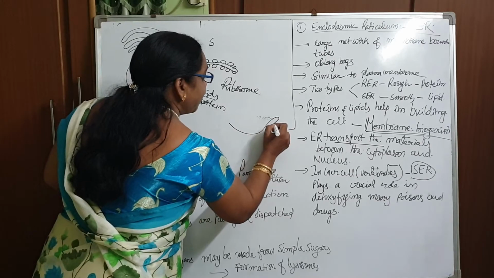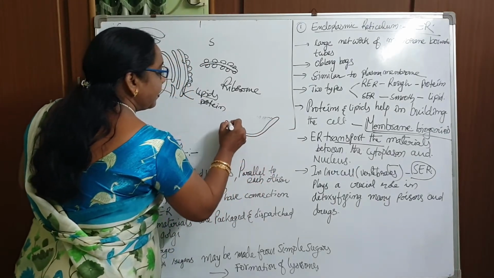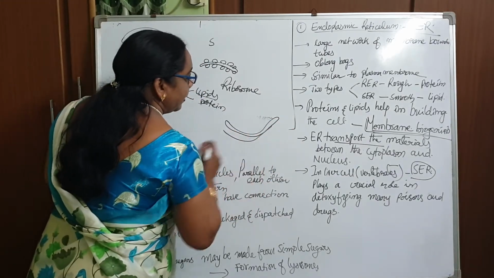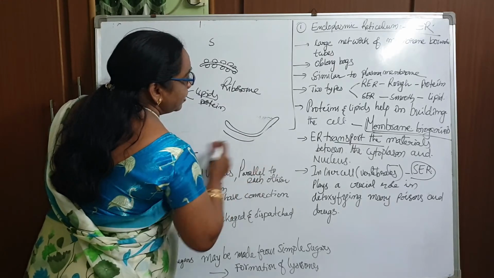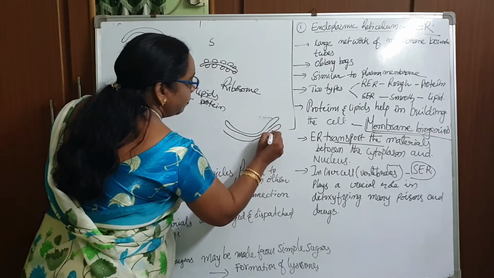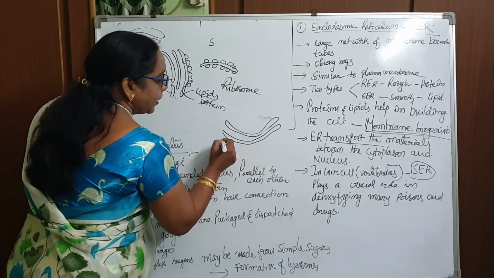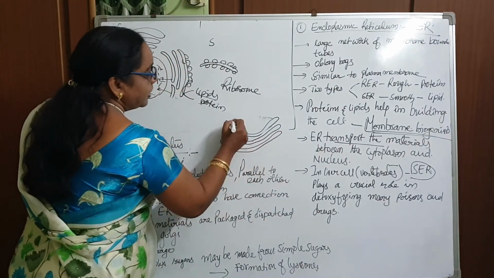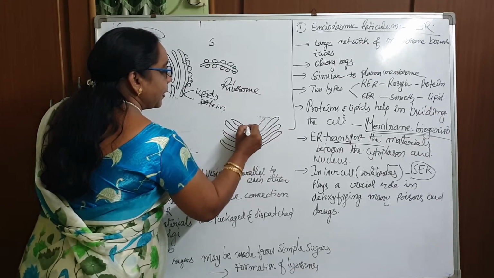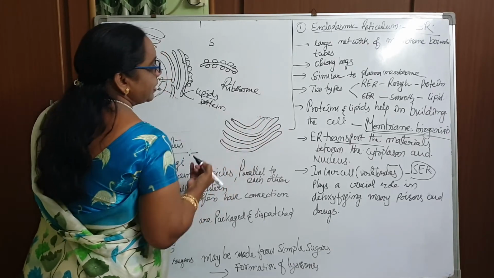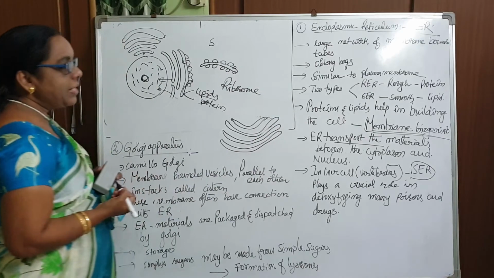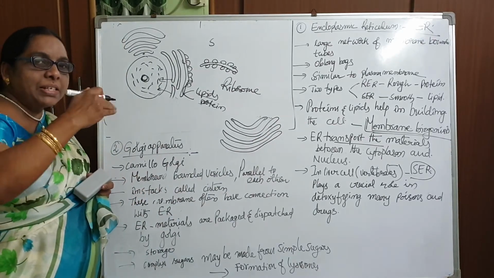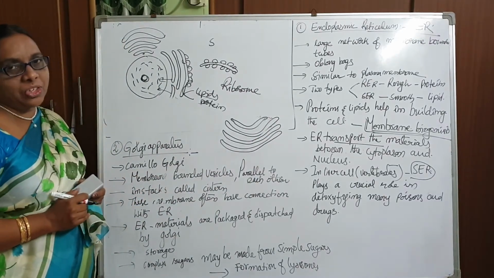Let me draw here to see clearly, like this, parallel to each other. These stalks are called cisternae. One side is convex, and inside they have deep concave structures.